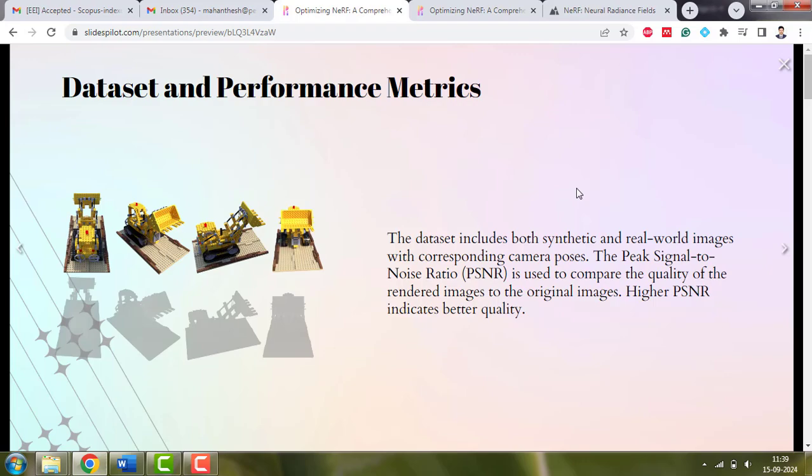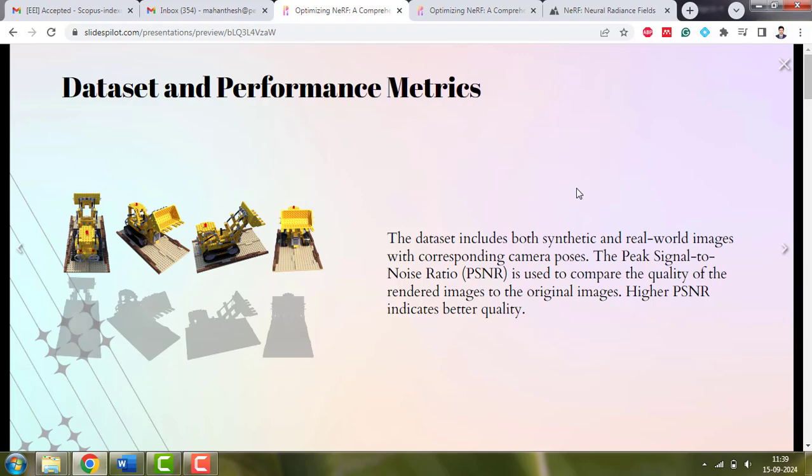The performance of NeRF is mainly measured using PSNR, peak signal to noise ratio, which compares the quality of the rendered image to the original image. If it is higher PSNR, it is better quality.